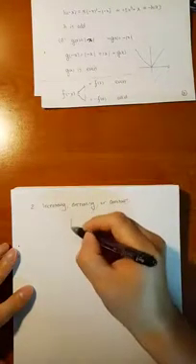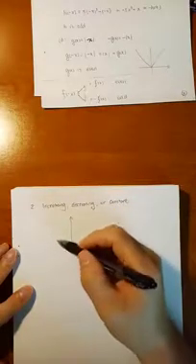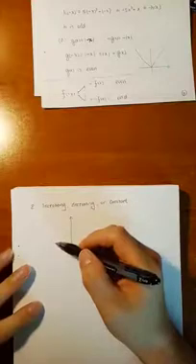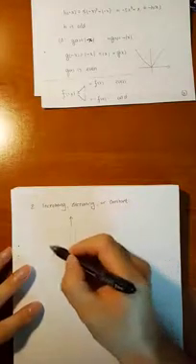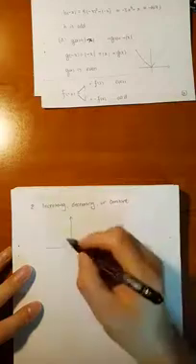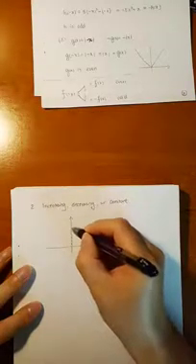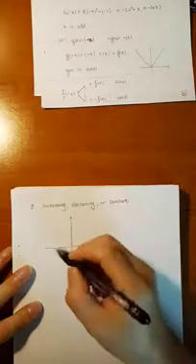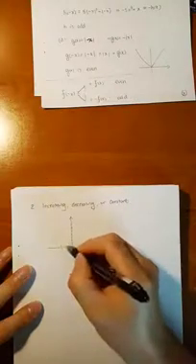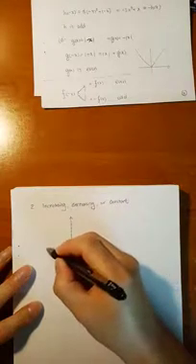First, let's see this graph. Okay, so we have 1, 2, 3, 4, 5, 6, 7, and we have 1, 2, 3, 4, 5, 6, 7.